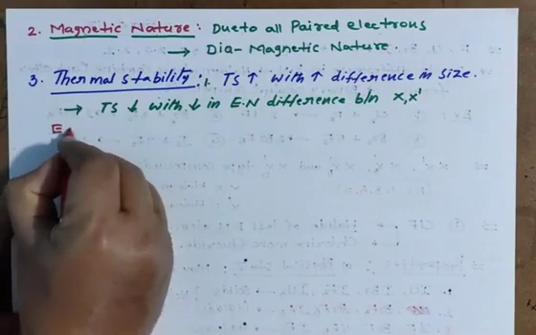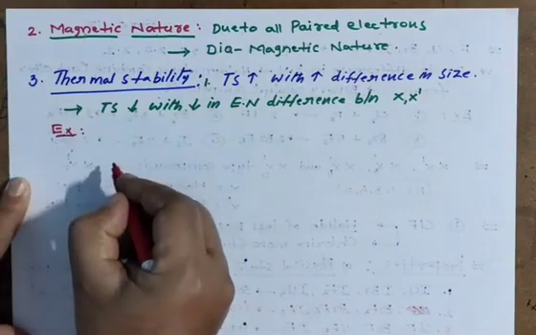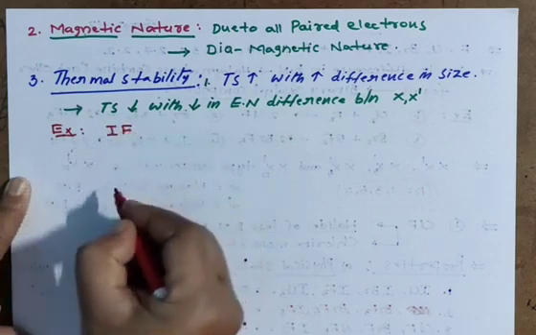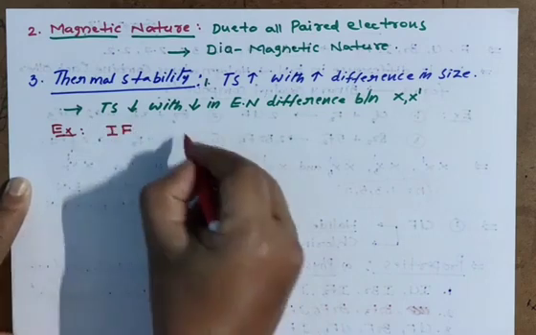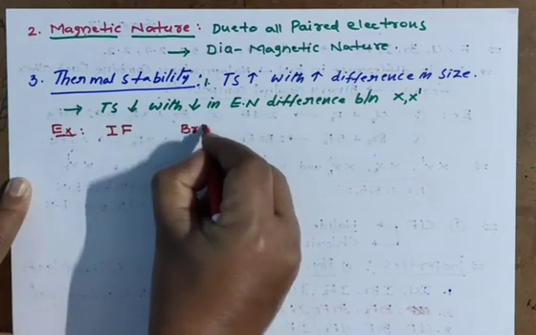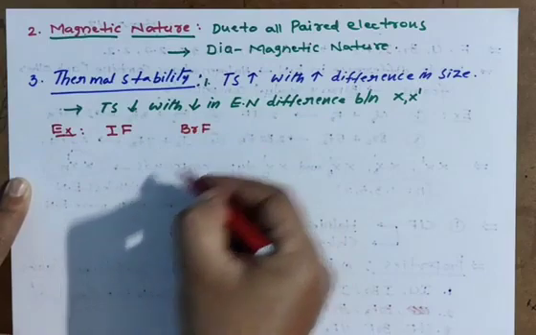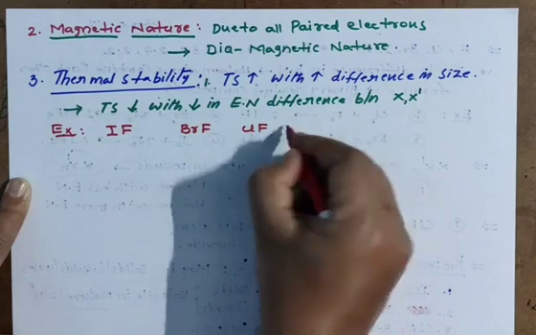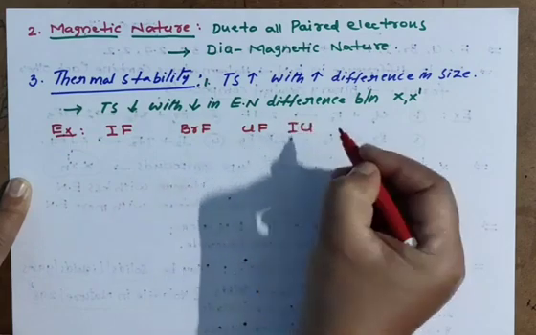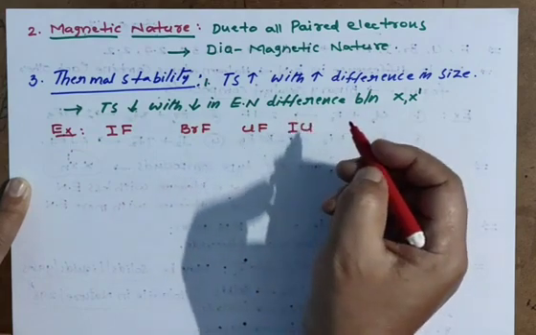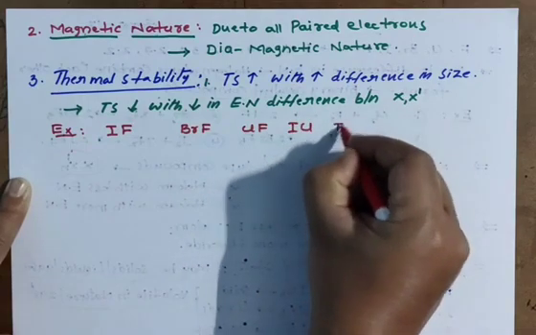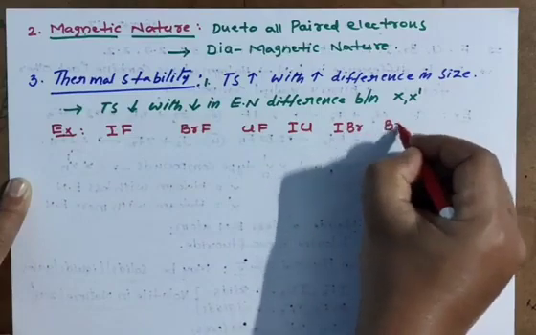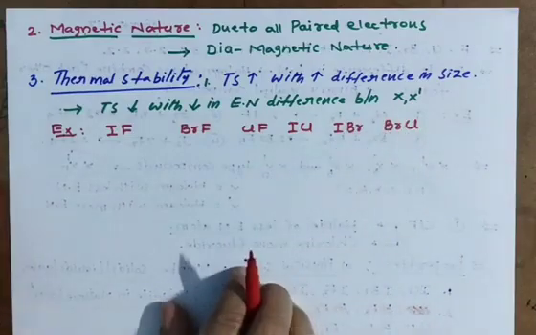Here I am giving iodine monofluoride, bromine monofluoride, chlorine monofluoride, iodine monochloride, iodine monobromide, bromine monochloride. These are the compounds I took.